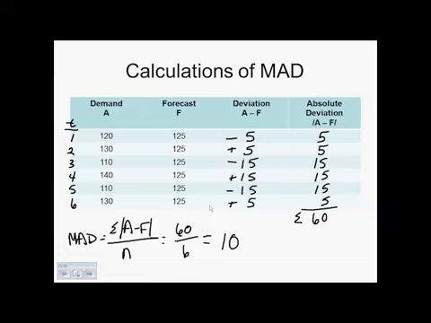So if you had a MAD of 3 versus this MAD of 10, that other way of forecasting would be mimicking what the actual demand is much better. So that would be a better mean absolute deviation score. But you have to compare one MAD to a different MAD using 2 different forecasting methods. That is looking at the calculations of mean absolute deviation, or MAD.